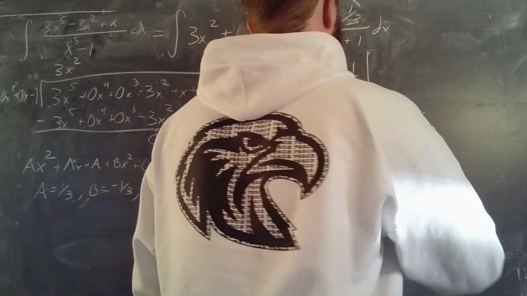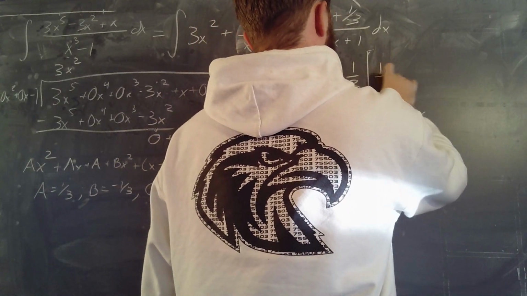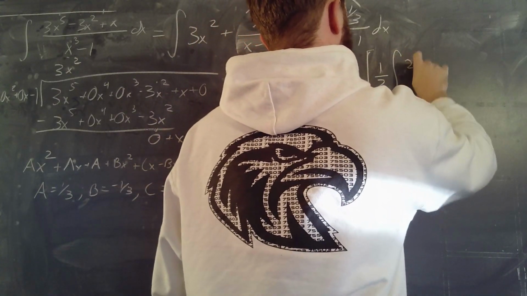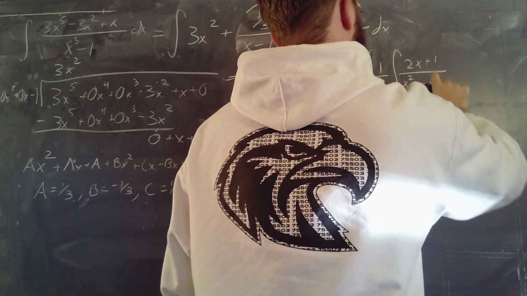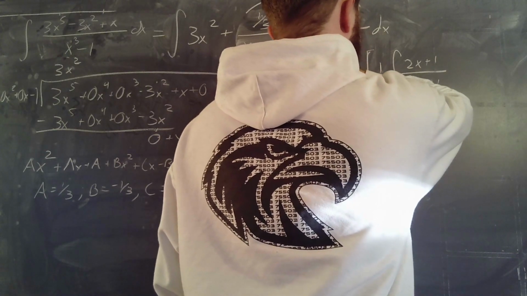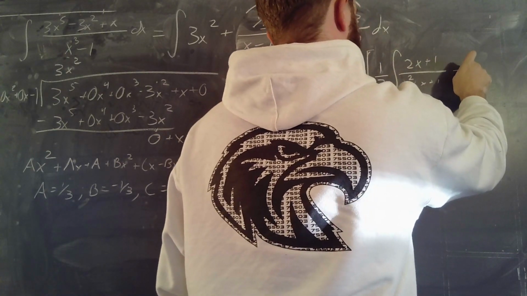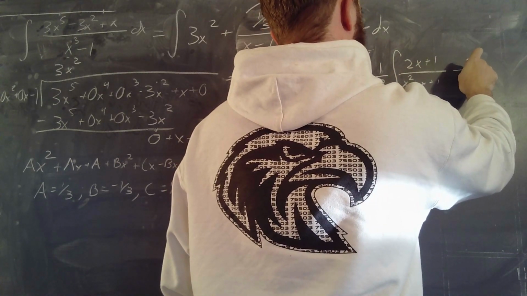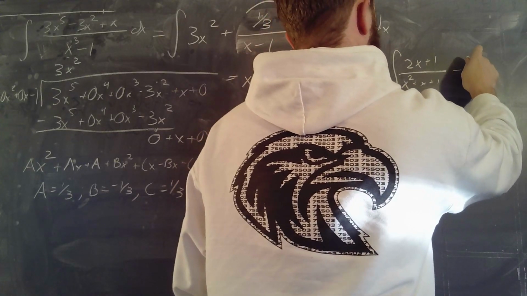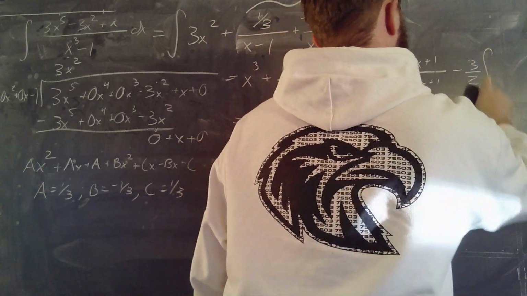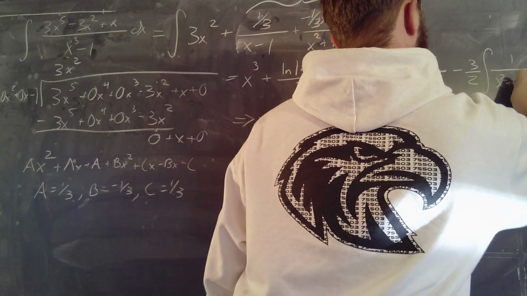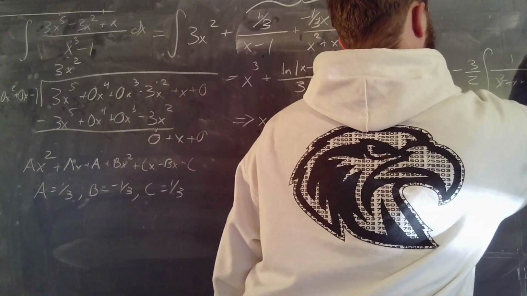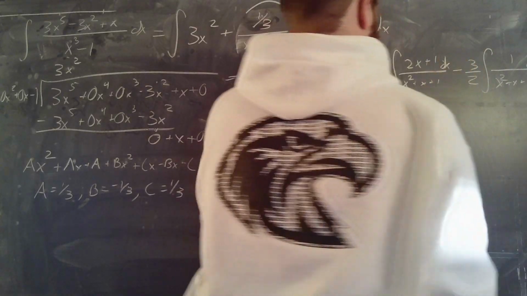So we'll have two distinct separate integrals here. We'll have 1/2 the integral of 2x plus 1 over x squared plus x plus 1. And then we'll have minus 3/2 the integral 1 over x squared plus x plus 1 dx. And I'll put the dx's on here.